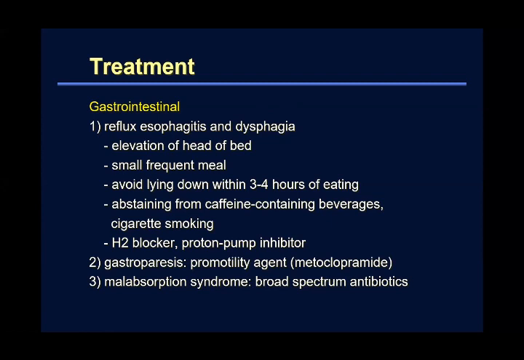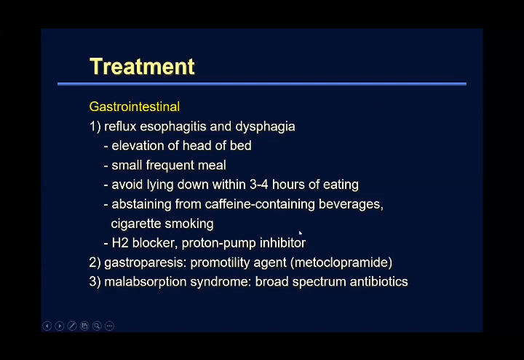They are usually avoided in these patients; they can take early small meals, avoid night meals, take small frequent meals, and avoid lying down 3 to 4 hours after eating. So they should be educated: don't lie down or sleep within 1 or 2 hours, because that can cause reflux esophagitis and even aspiration pneumonia. Caffeine containing beverages and cigarette smoking should be avoided.